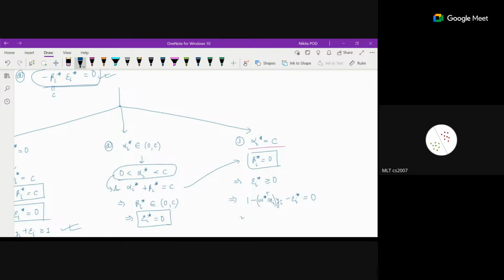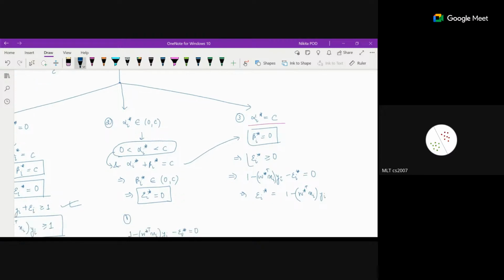From here, we can say that my epsilon I star is nothing but 1 minus W star transpose xi yi. And what we have here is that my epsilon I star has to be greater than or equal to 0. So now we have that 1 minus W star transpose xi yi has to be greater than or equal to 0, right?